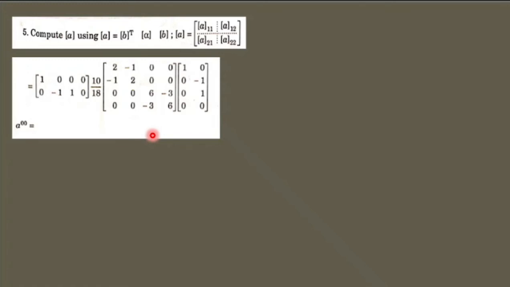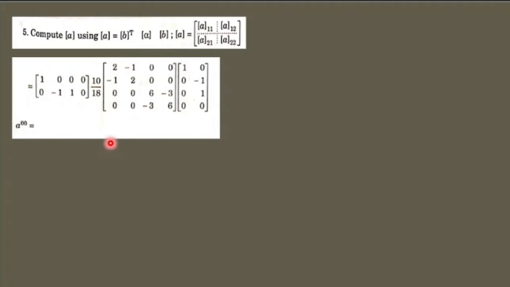Then find the next row, that is row 2. 0 into 2 will be 0, minus 1 into minus 1 will be what? Plus 1, and 1 into 0 is 0 and 0 into 0 is 0. So in the second row you will be getting 1, 0, 1, 0, 0.